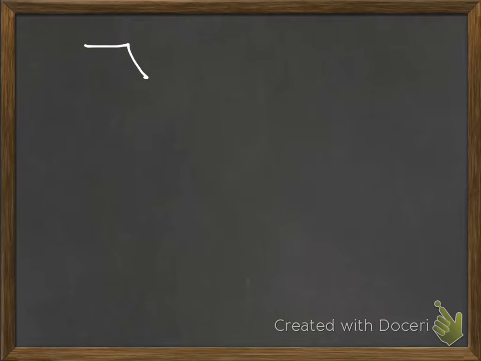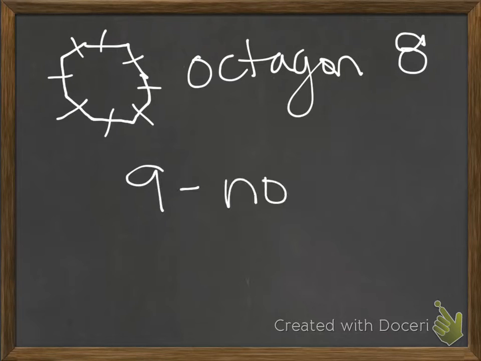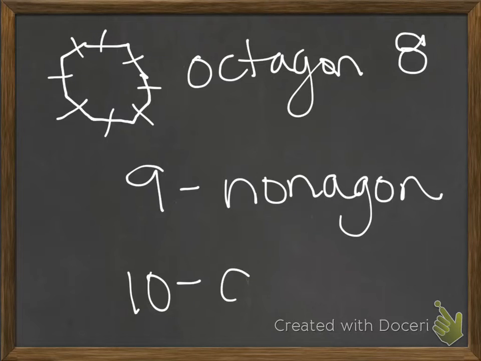An 8-sided shape is an octagon. A 9-sided shape is a nonagon. And a 10-sided shape is a decagon.